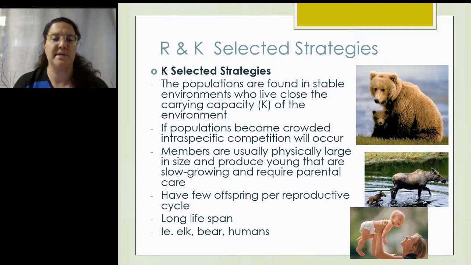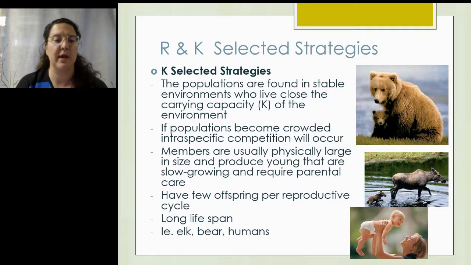So when we look at the biotic potential and different types of growth curves, there's two different types of reproductive strategies. We have K reproductive strategies and R reproductive strategies. K reproductive strategies are typically found in stable environments that are close to the carrying capacity. So this would be those S-shaped curve organisms.